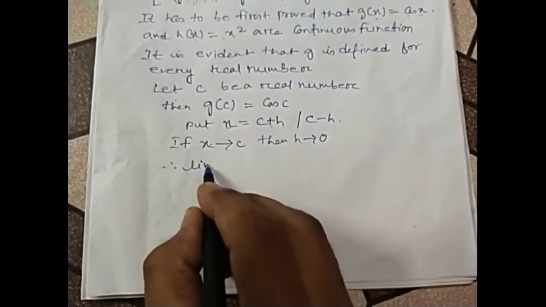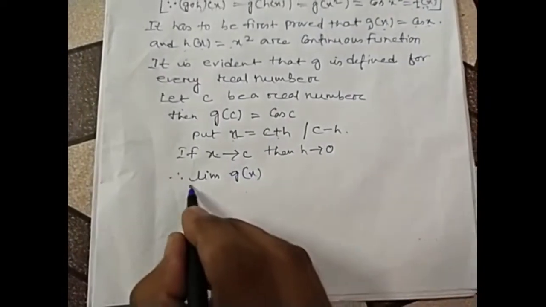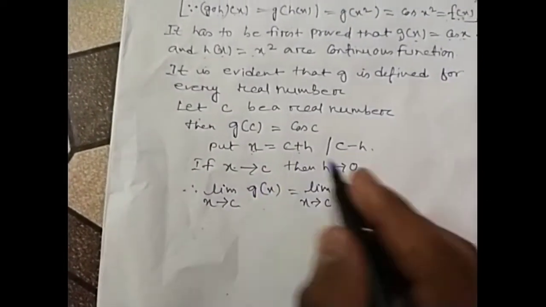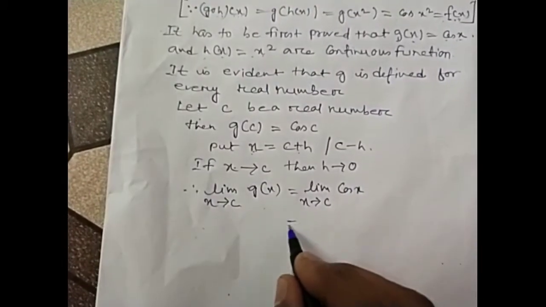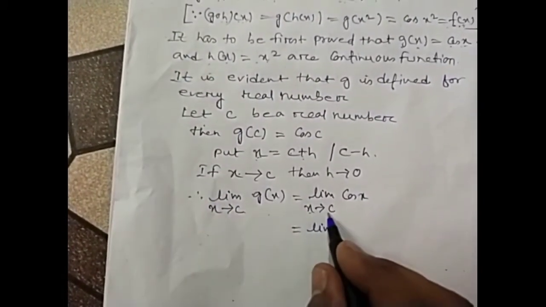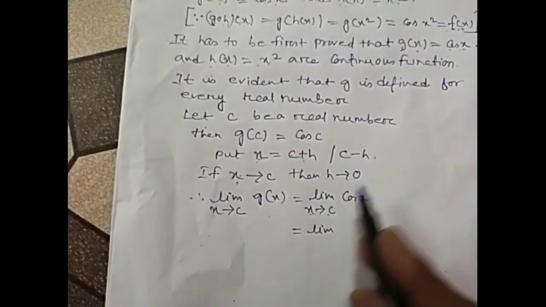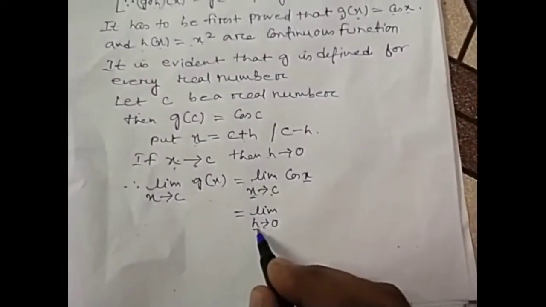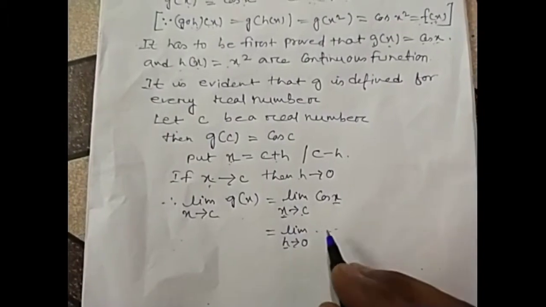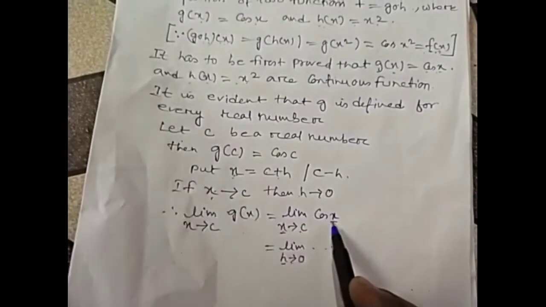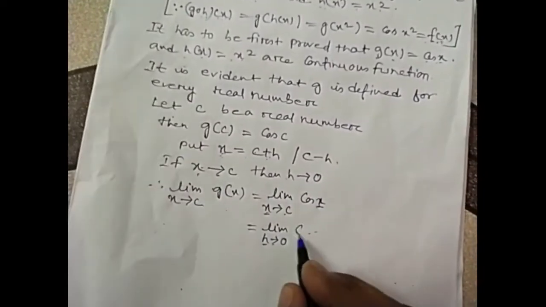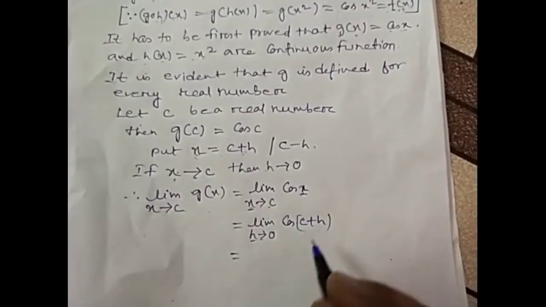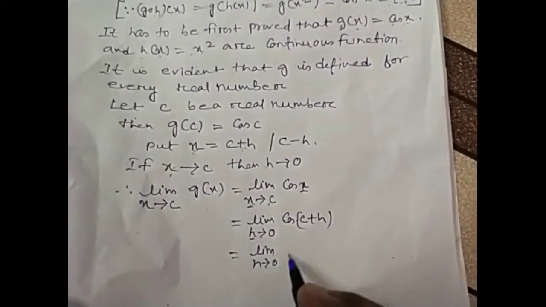Therefore limit of g(x) when x tends to c is equal to limit x tends to c of cos x, which equals limit h tends to 0 of cos of (c plus h), replacing x by c plus h so that it is a function of h only.